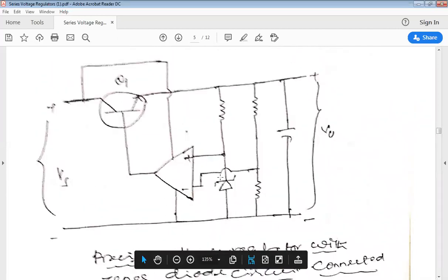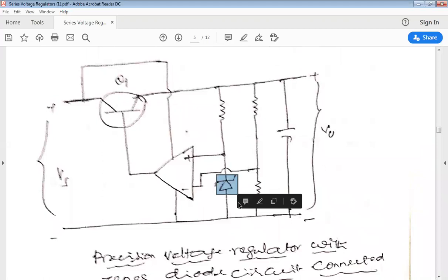We connect the Zener diode at the output of the circuit to avoid the changes in the supply voltage. If changes in the supply voltage occur, what happens automatically?